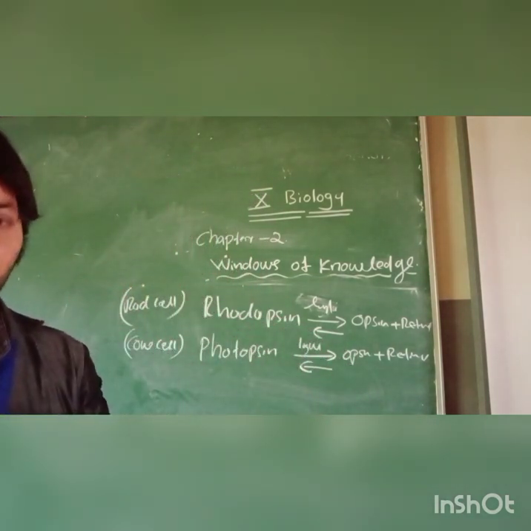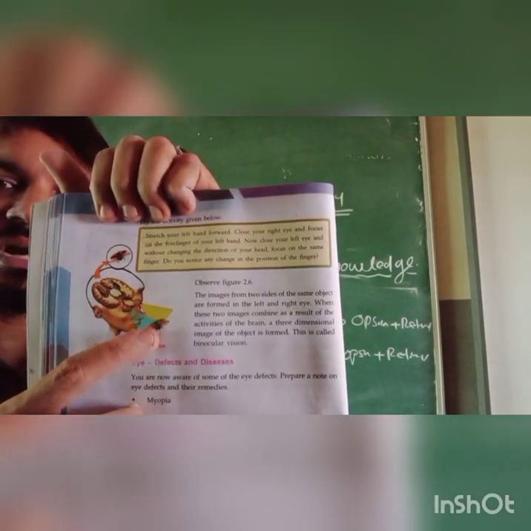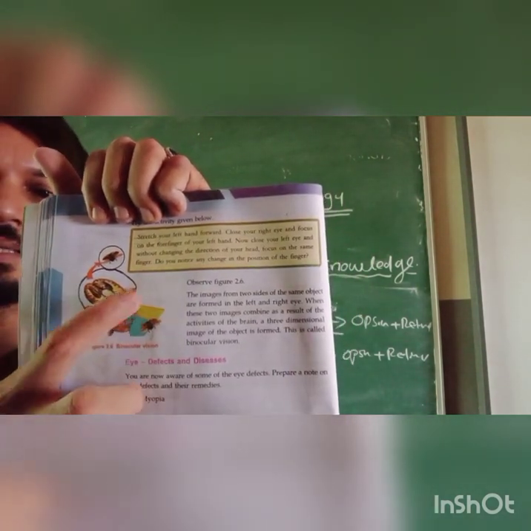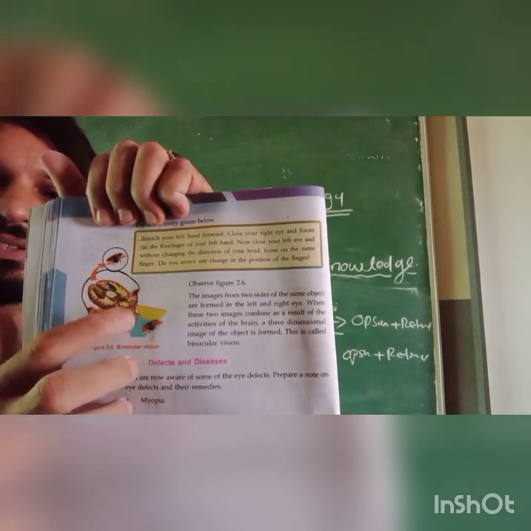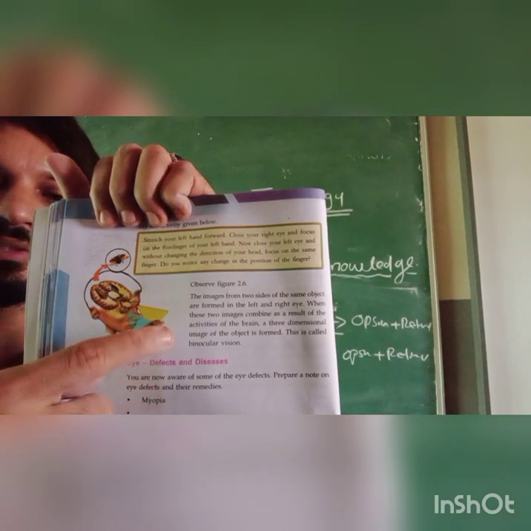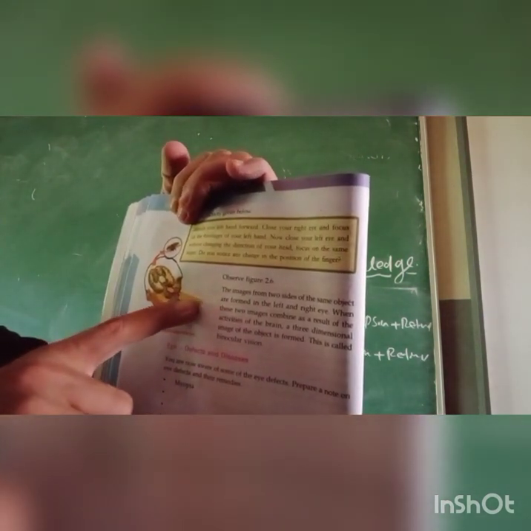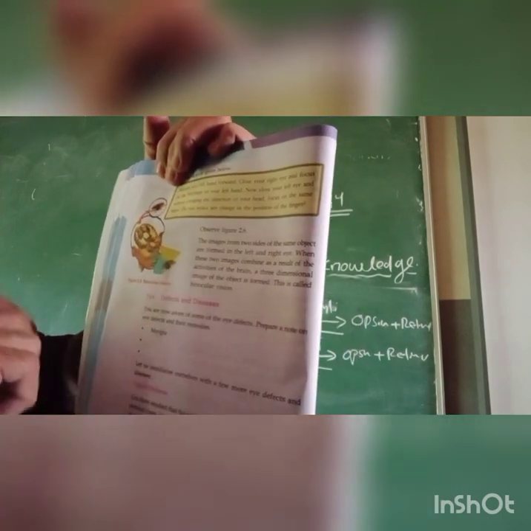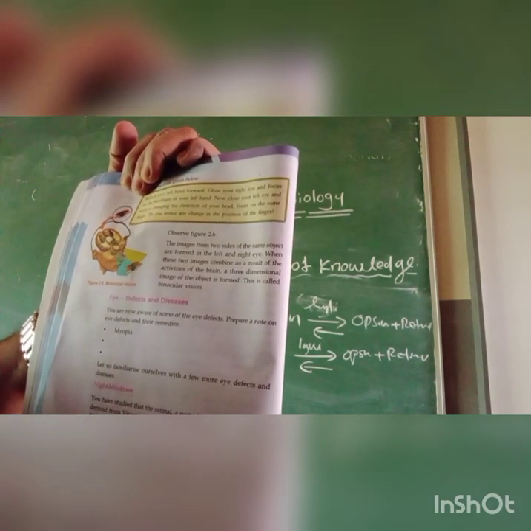Understood? Look here. This housefly falls into both eyes. It is converted into three dimensions in the brain and is visible as one image, in its original position. This is known as binocular vision. The images of the two sides of the same object form in the left eye and right eye.